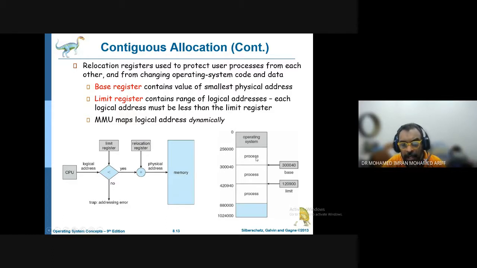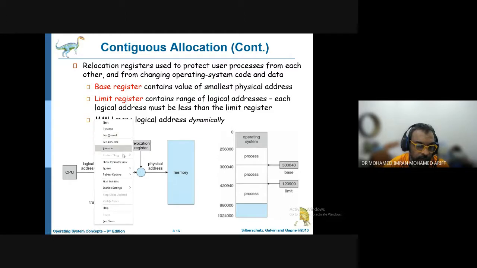Any file requested by the CPU is located between these two, between the base and the limit. So let's say the logical address requested by the CPU is 345. Let's try to draw here.